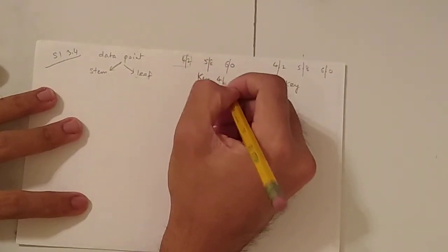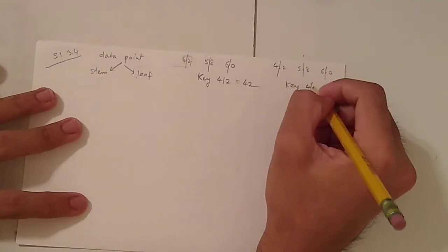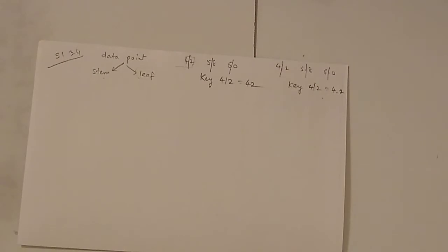In the first case, 4 | 2 means 42, but in the second case, 4 | 2 refers to 4.2. So you do need a key to help your reader understand what exactly 4 and 2 mean.